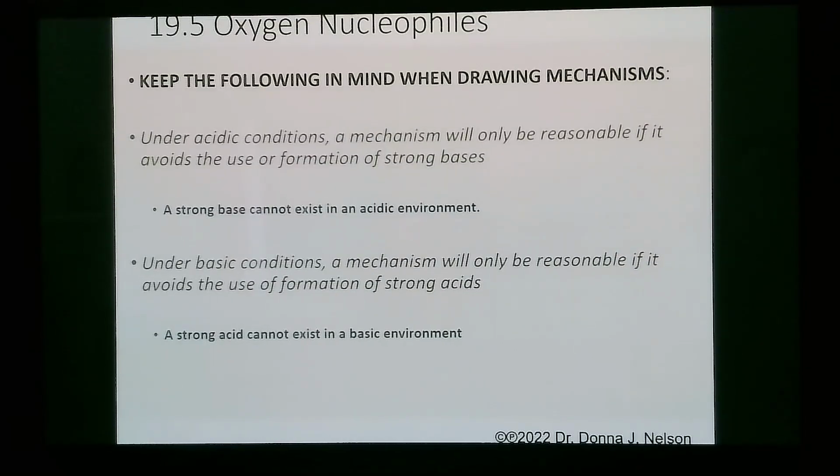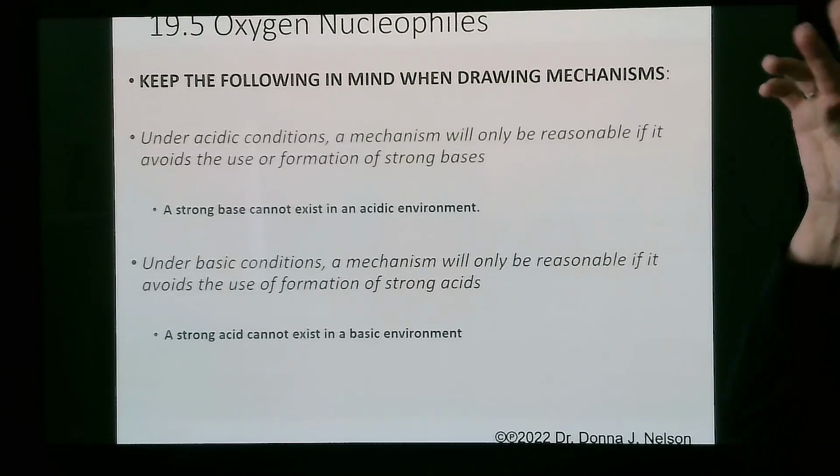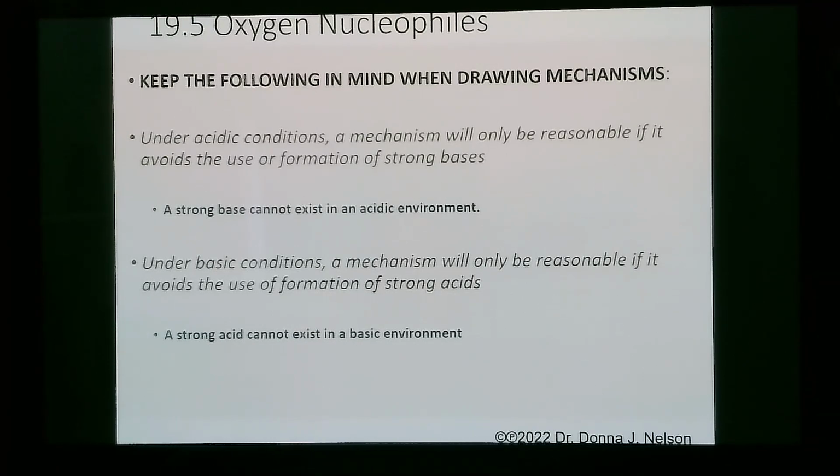When you're drawing mechanisms under acidic conditions, a mechanism will only be reasonable if it avoids the formation of strong bases. So you will not have the presence of bases under acidic conditions. The key word there is strong base.